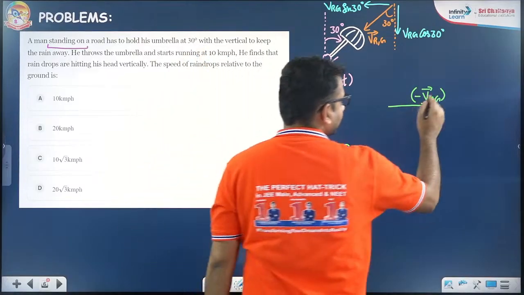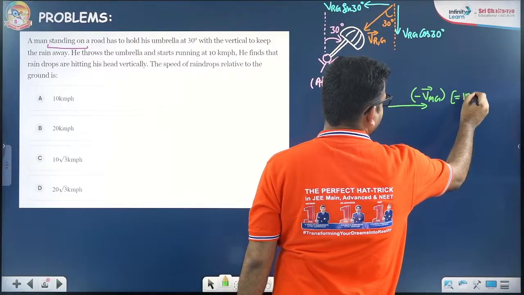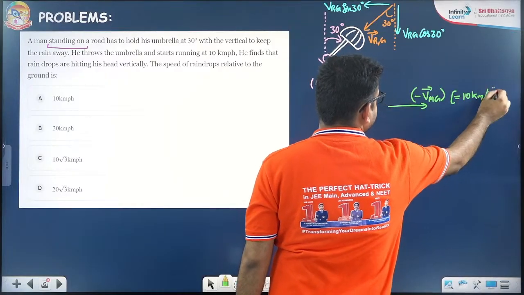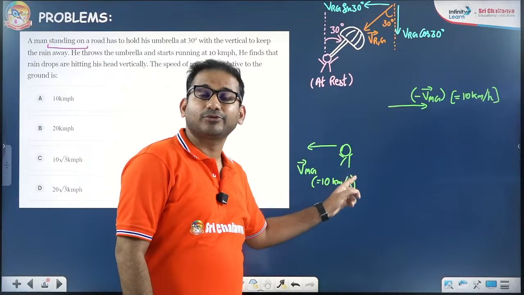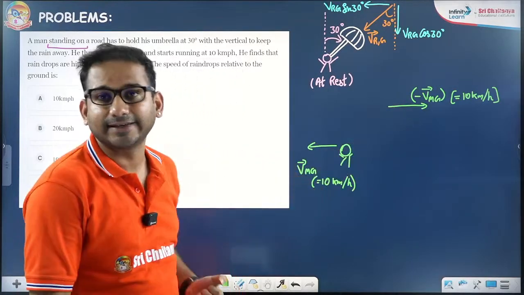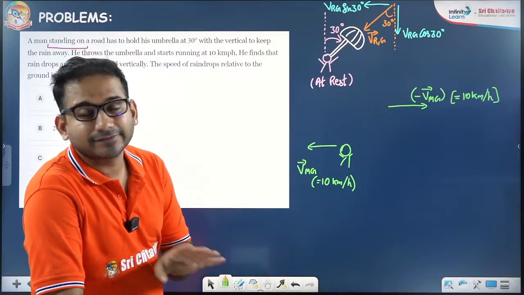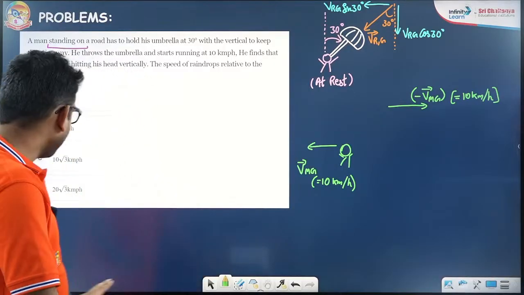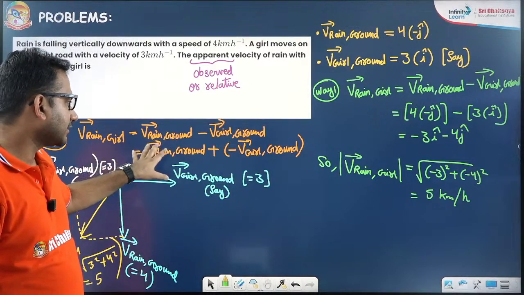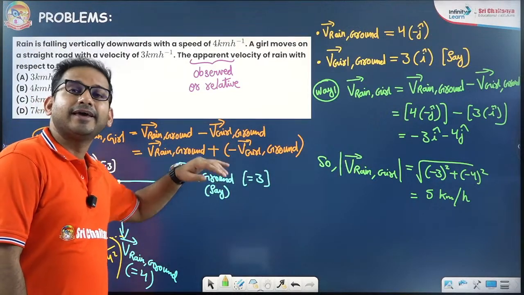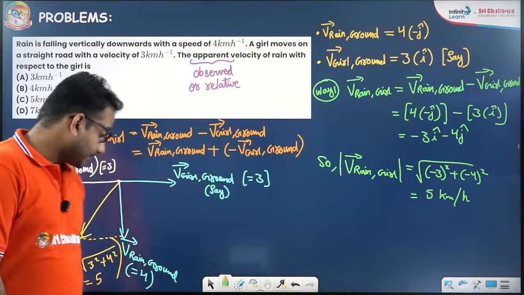So definitely here also it is going to be 10 km per hour. Why are you saying that, sir? Because putting a minus sign will only reverse the direction. I hope that is clear, why I'm searching for minus: because I'm always interested in the actual velocity of rain and the negative of the velocity of the observer.